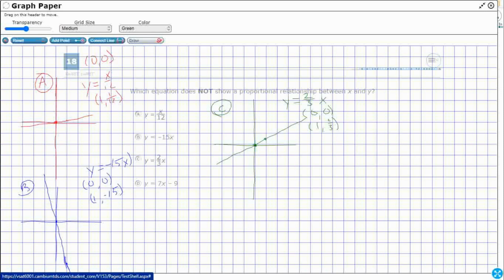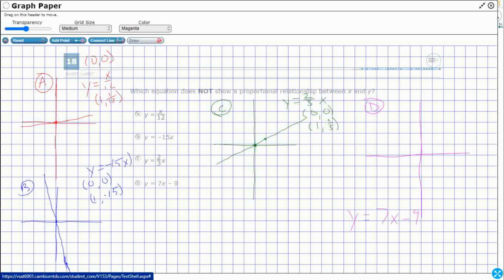All right, so A, B, and C look like they're all going through the origin here. Let's see what happens when we do this D. Got a little room, we'll do it over here. And then D is, oh, it looks a little bit different. It's y equals 7x minus 9.